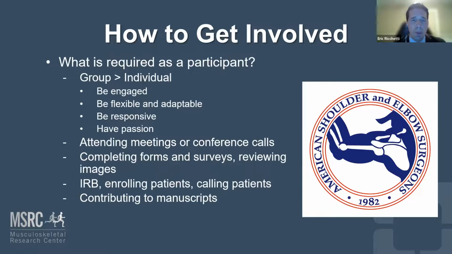You want to do your work in terms of completing your forms and surveys, reviewing images for reliability studies or consensus studies. And then as you move to the more challenging prospective data collection, making sure you have your IRB active, enrolling patients and doing appropriate follow-up so you can get that high-level long-term clinical outcomes. And then as Carolyn highlighted, contributing to manuscripts.